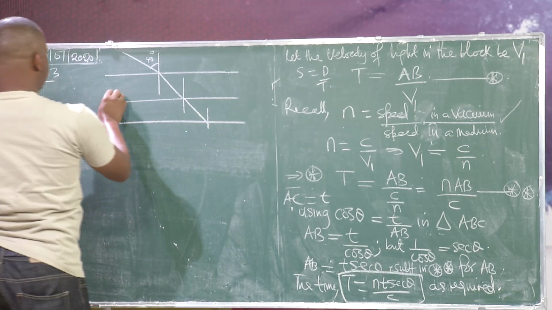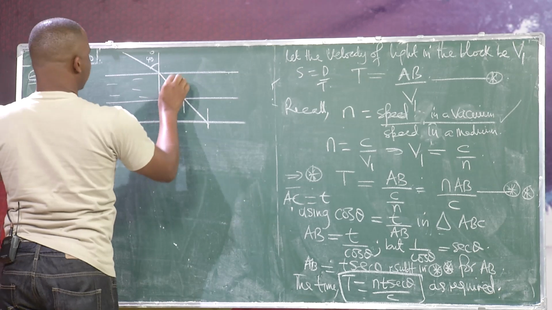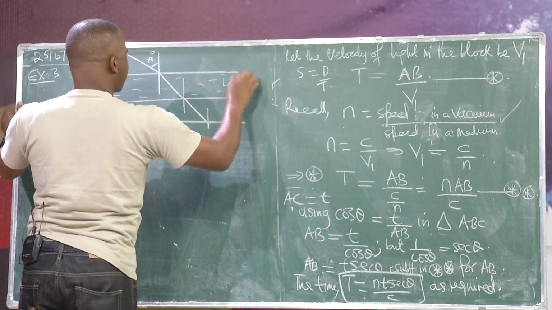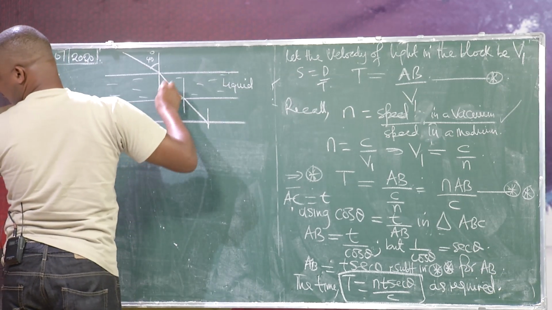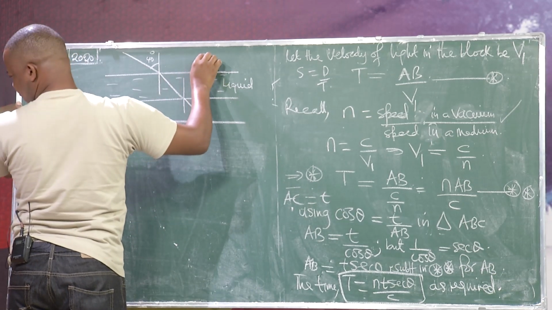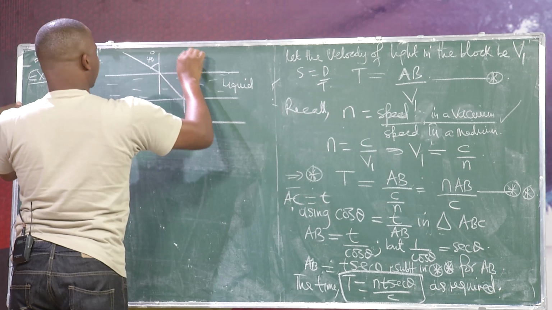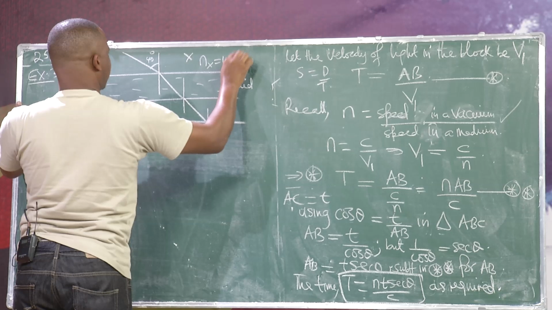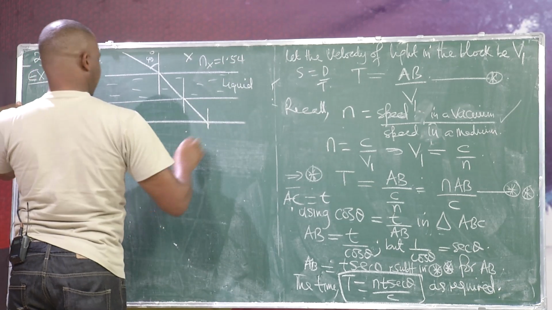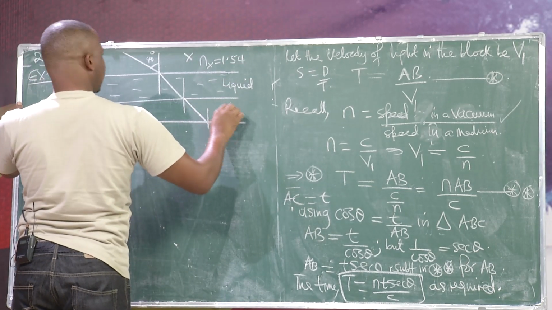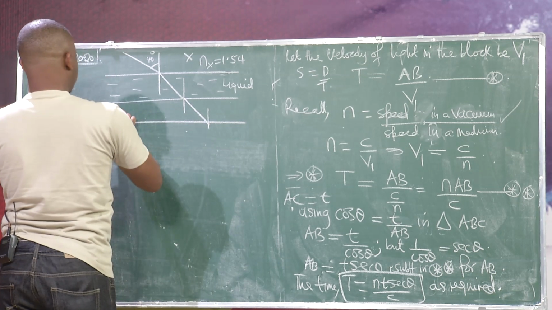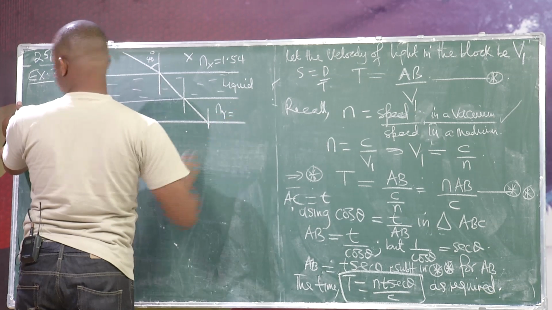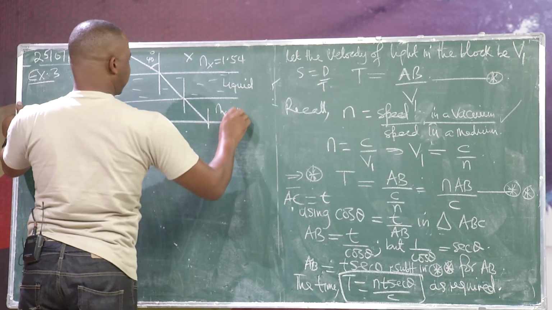If this medium in the center is a liquid, and we have light coming from another medium, we can call it X, whose refractive index is 1.54. Then we have another medium, we can call it Y, whose refractive index is 1.44.